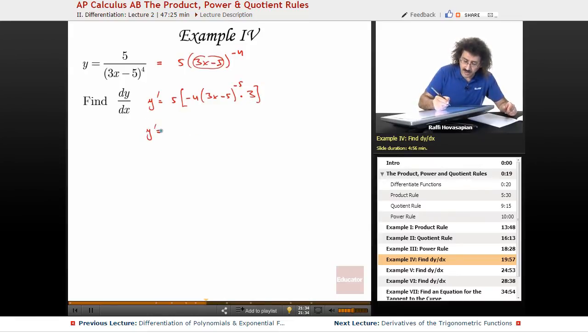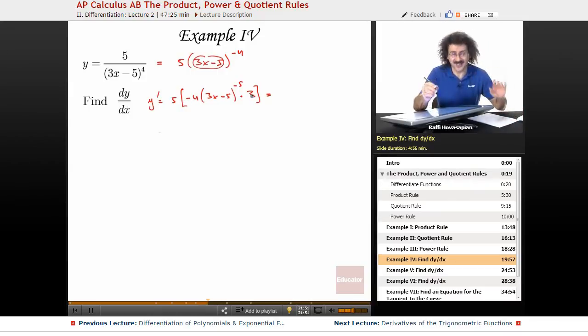So y prime is equal to, let me do it over here because I'm going to need some room, 5 times negative 4 is negative 20. Negative 20 times 3 is negative 60. Let's not jump the gun here. Negative 60 times (3x minus 5) to the negative 5th.